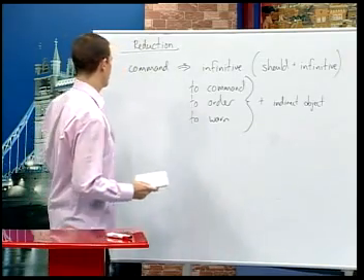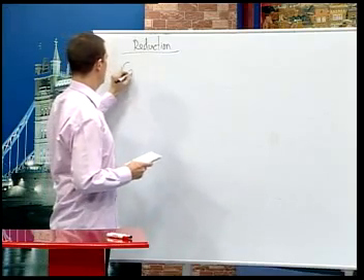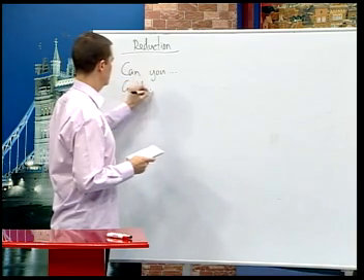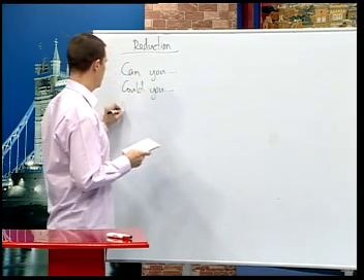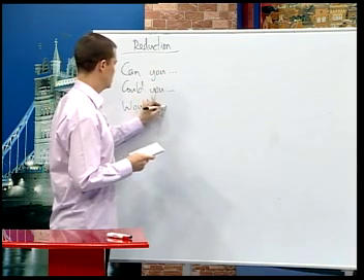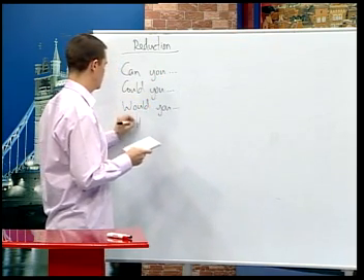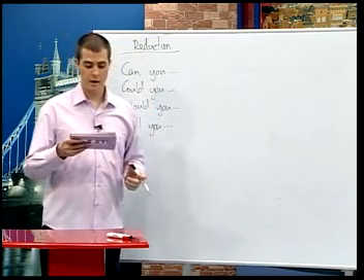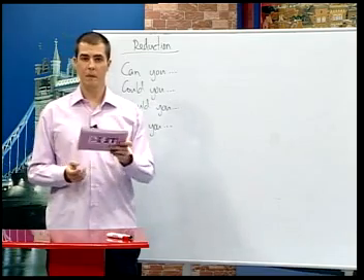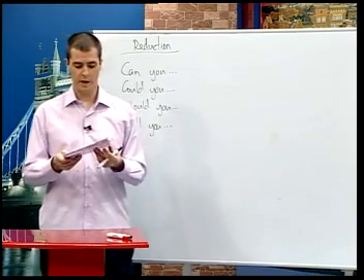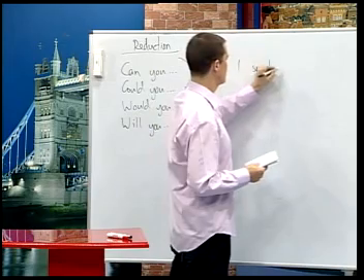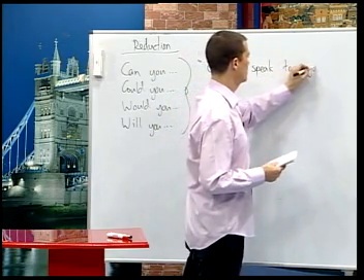Okay, requests with can you, or could you, or would you, or will you, can be reduced to an infinitive phrase. Now, a direct object must be used with the infinitive phrase. So when we have a quotation like, can I speak to you?